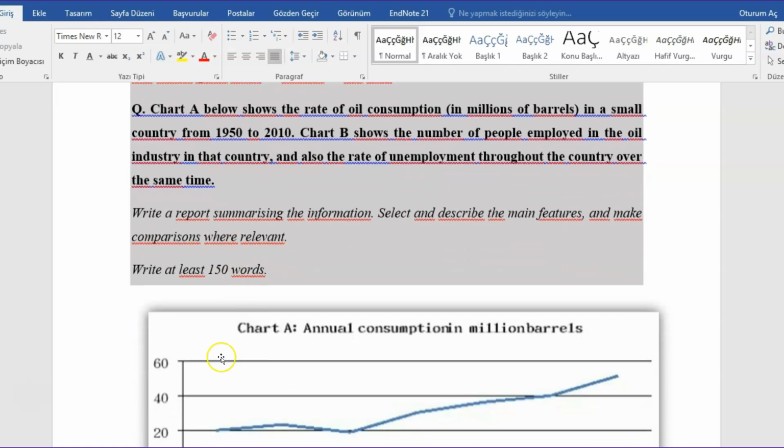Okay, you have to write a report summarizing information, select and describe the main features, and make comparisons where relevant. You have to actually demonstrate what are the trends and what is or are the exceptions.